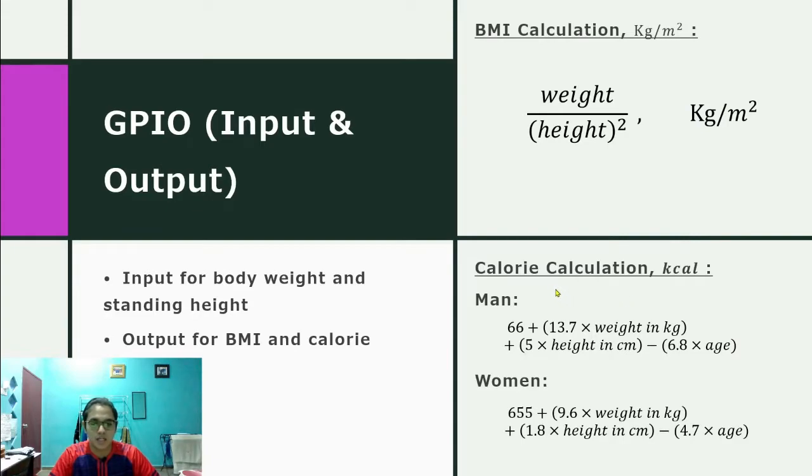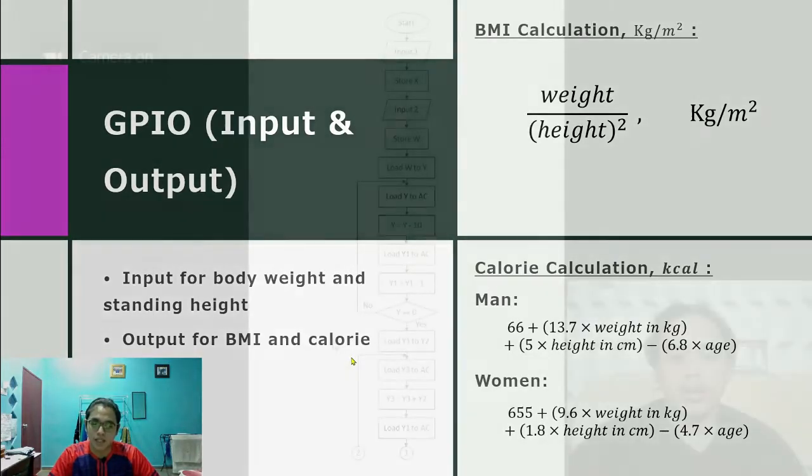Next is the calorie calculation, in units of kcal. For calories we have two ways to calculate, one for men and one for women. We declare one formula for men and another for women. After we declare all these formulas, we get the output, which is the value of BMI and the calories per day.